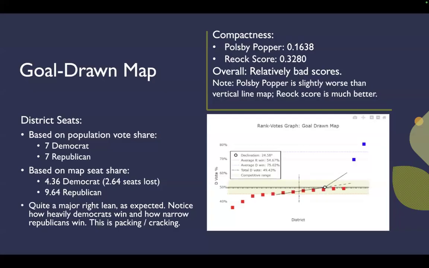Within the district seats themselves, the expected vote share is 7-7. However, based on the map, Democrats would pick up an estimated 4 seats, with Republicans arranging around 9-10. Our Polsby-Popper and Reock scores were relatively not bad. The Reock scores were much better than the Polsby-Popper.